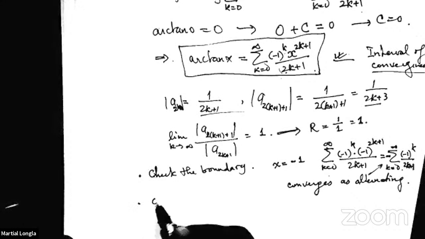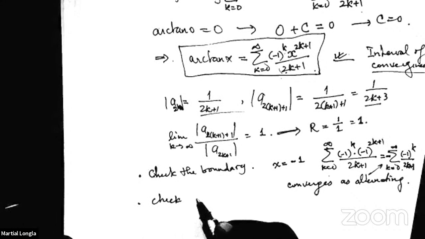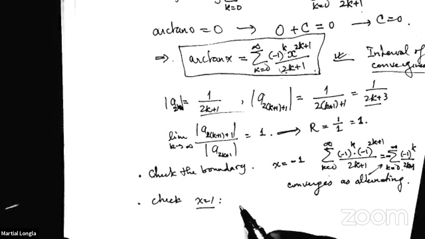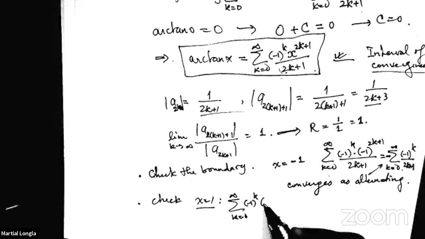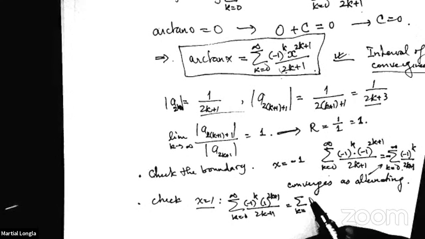And then the other point will be x equal 1. And you will have the sum k from 0 to infinity, negative 1 to the k, 1 to the 2k plus 1, and that's always 1 over 2k plus 1. And this is the sum k from 0 to infinity, negative 1 to the k over 2k plus 1.